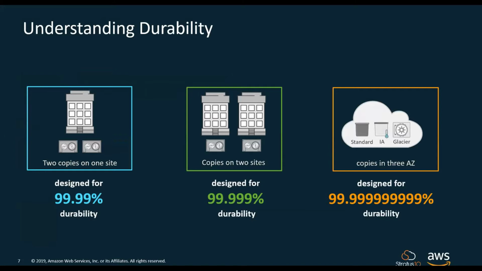So, understanding a little bit about durability. When we talk about something that's designed to have 4 nines of durability, that means that you usually have 2 copies of that item in one site. When you have 5 nines of durability, then you have 2 copies on 2 sites. So it's harder for you to lose that data.